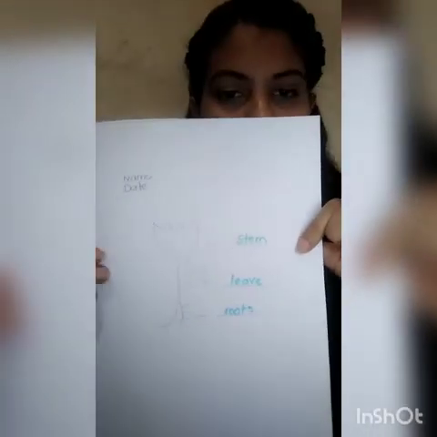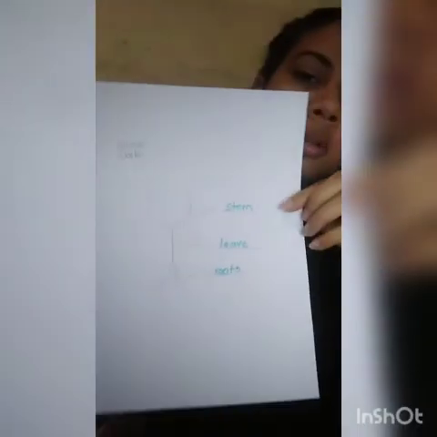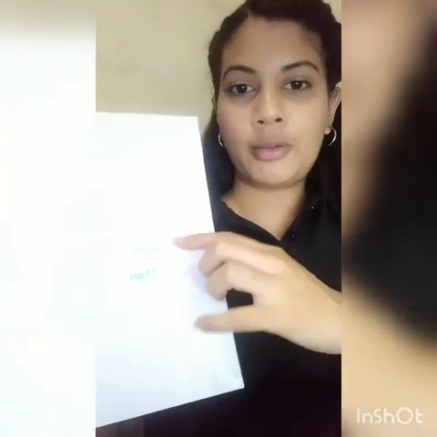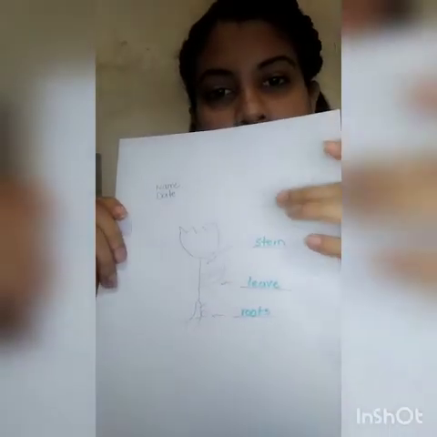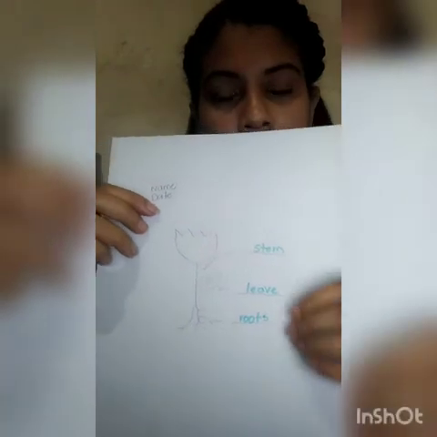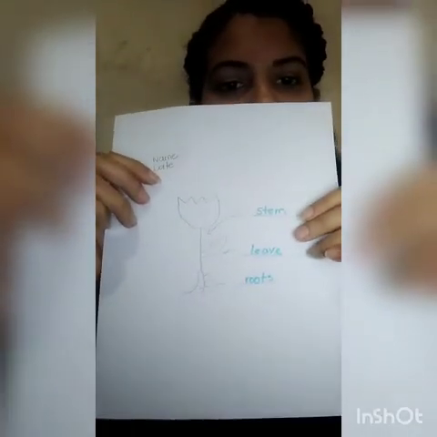Then they can color it, the flower, the plant, with their favorite color, and they write the name and the date, like this.